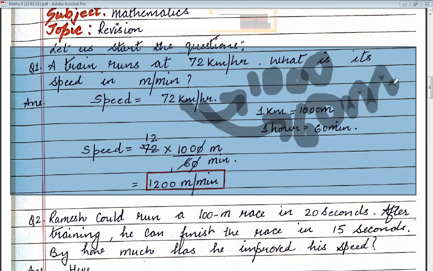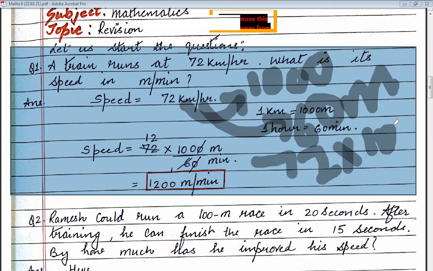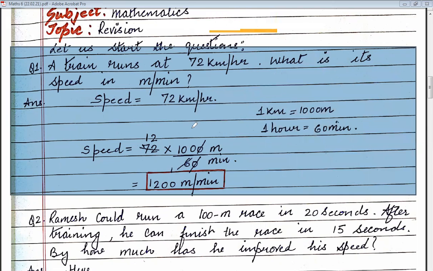So now you have to multiply the given speed 72 with 1000. Then it will be converted into meter, and then you have to divide this by 60. So your unit will be meter per minute. Now children, after that you have to cancel them so that you get your answer in the lowest form.